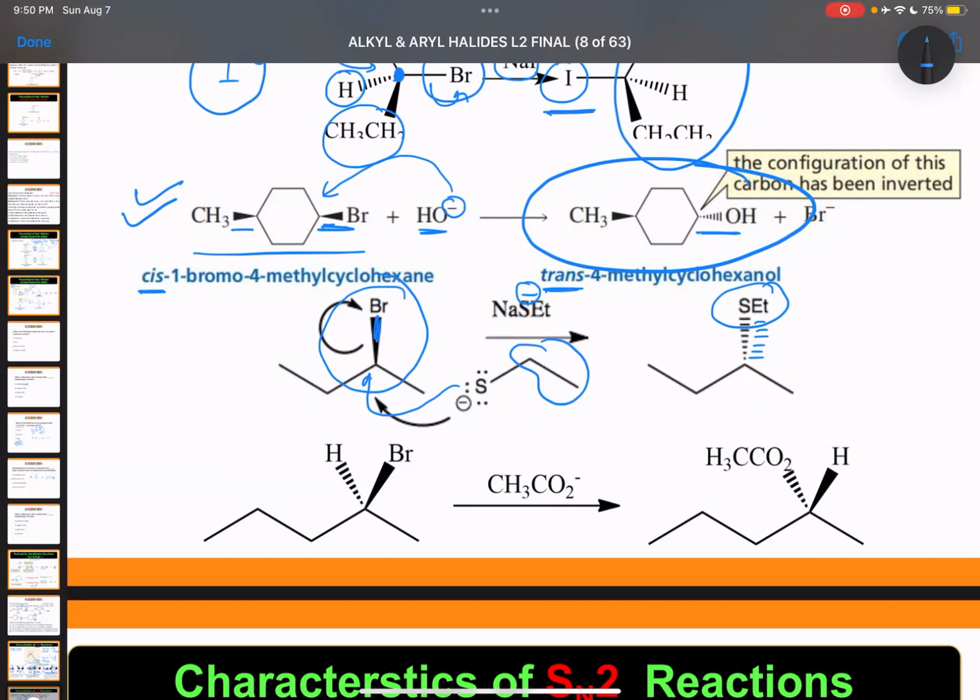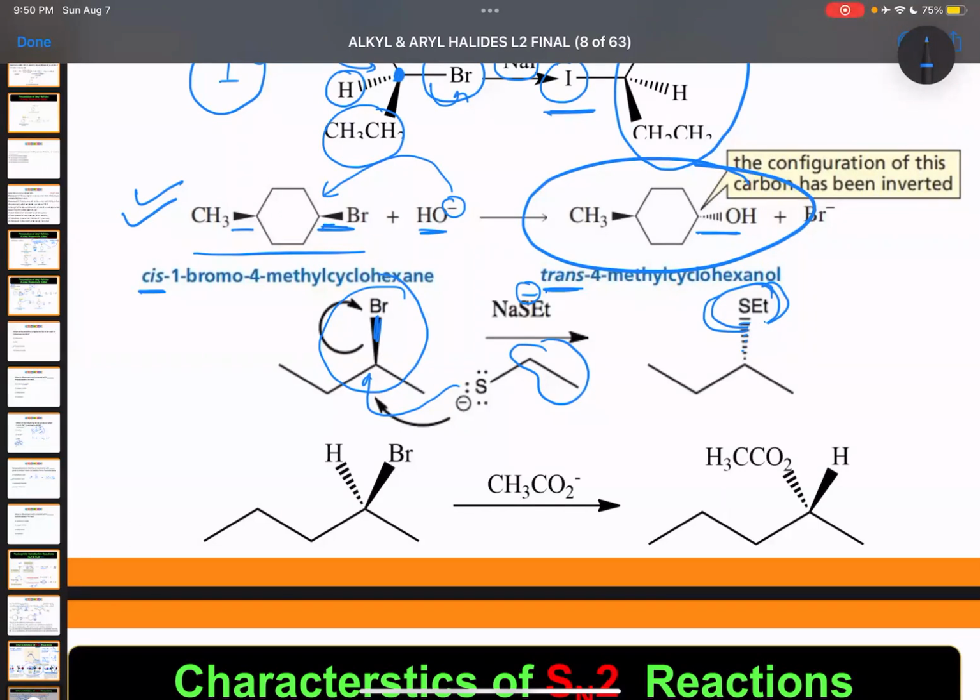So if the leaving group is up, you will bring the nucleophile from the bottom side, and the nucleophile will be represented by a dash, which says that the nucleophile is attached from the side opposite to the leaving group, meaning the backside.